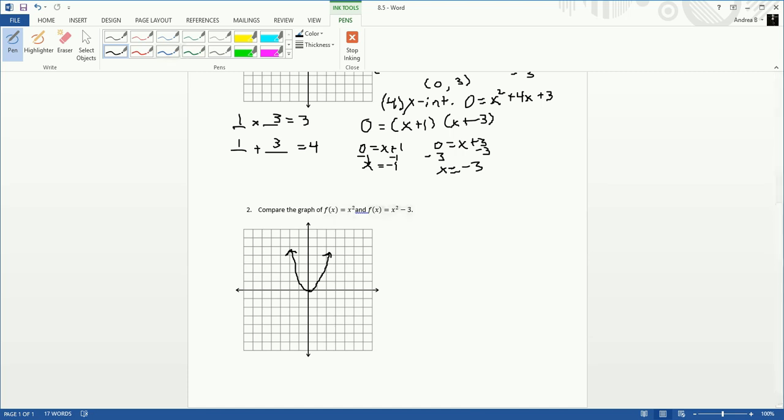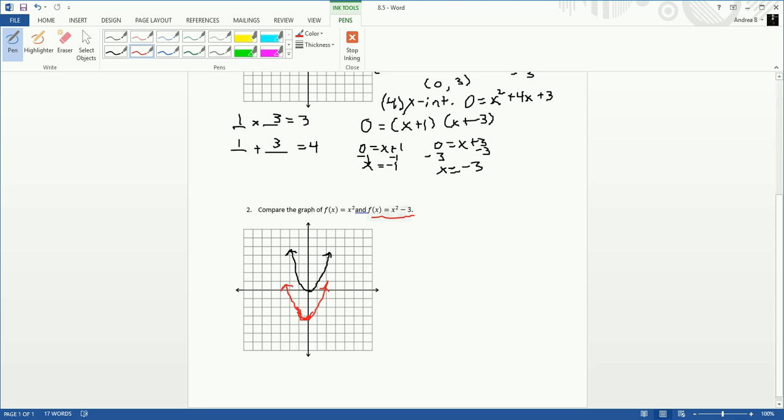Then whenever we're dealing with this other one, we'll do this second one in red. Here we have x squared minus 3. For this one, you would have to go down 3. But otherwise, the graph is going to look the same sort of thing, only it is going to be starting down at negative 3 this time instead of at 0, 0. So I'd have something like this.